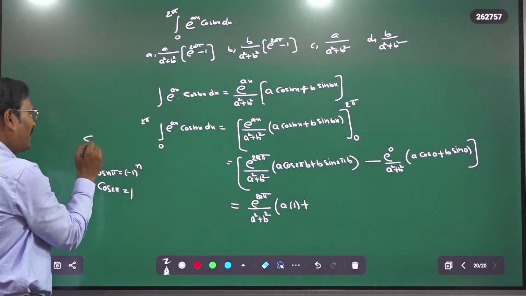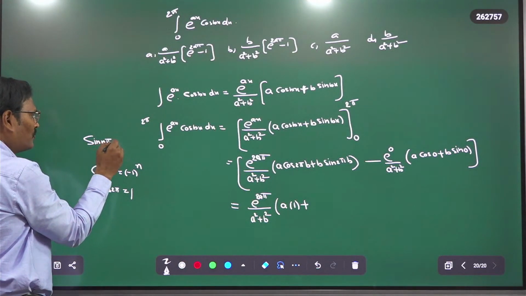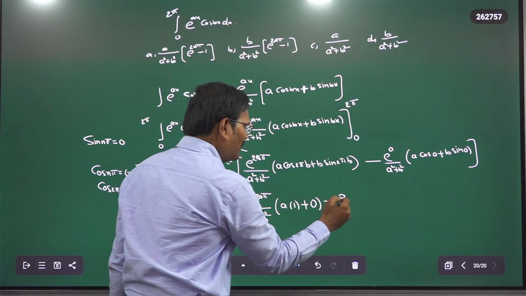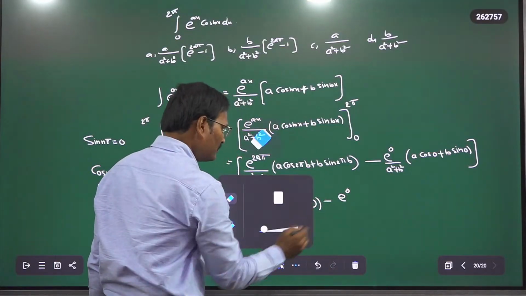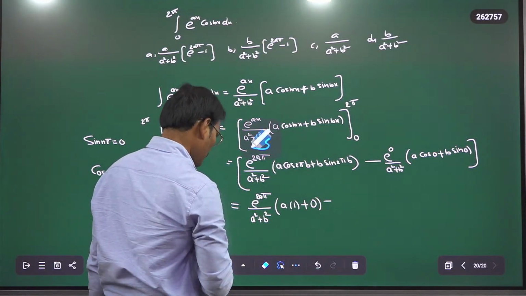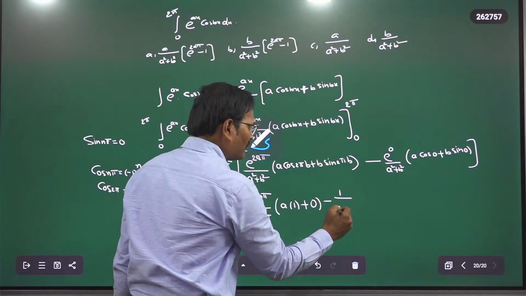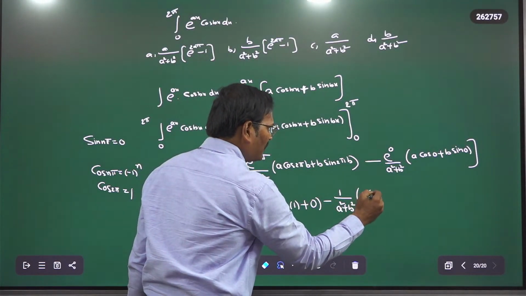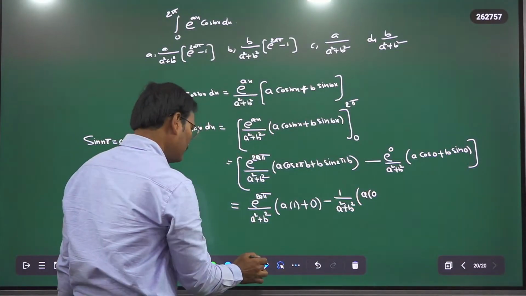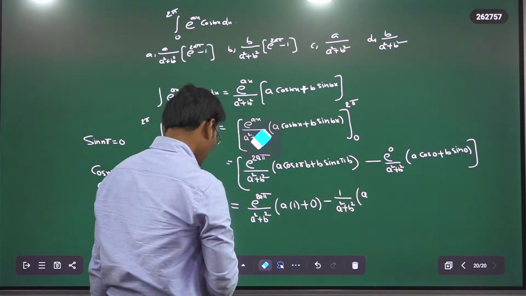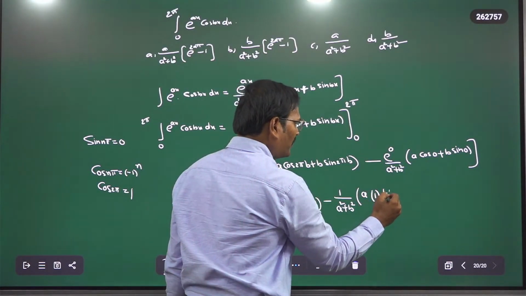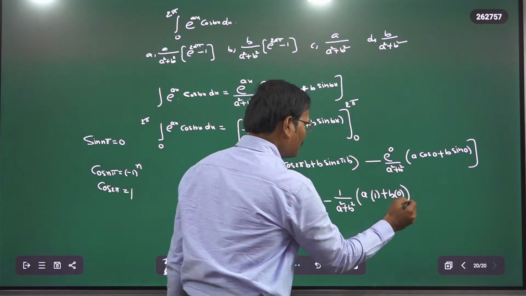We know sin n pi is always equal to 0. Minus e power 0, which means 1, by a square plus b square, a into cos 0, which is 1, plus b into sin 0, which is 0.